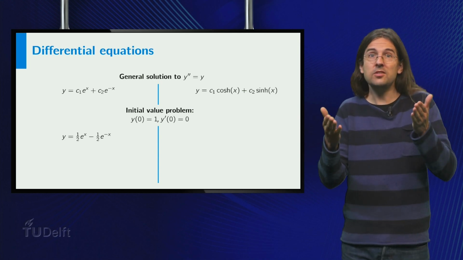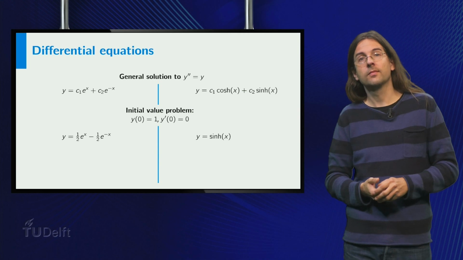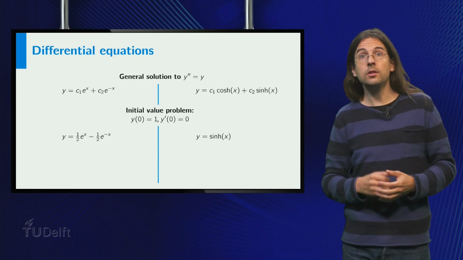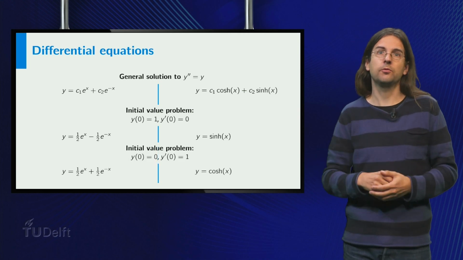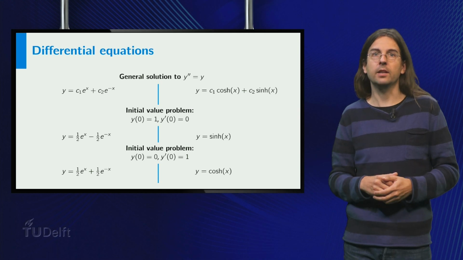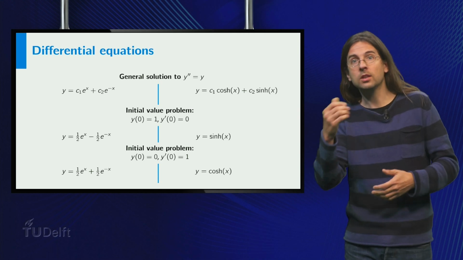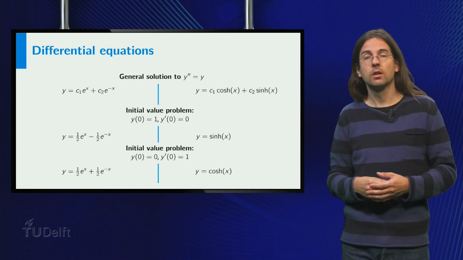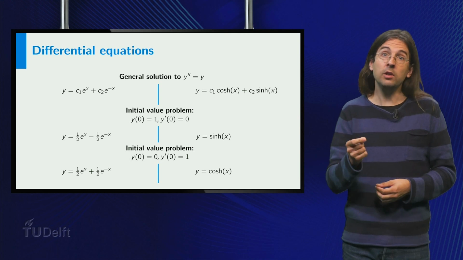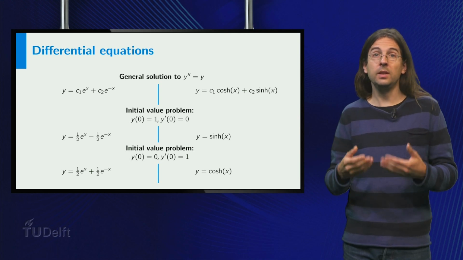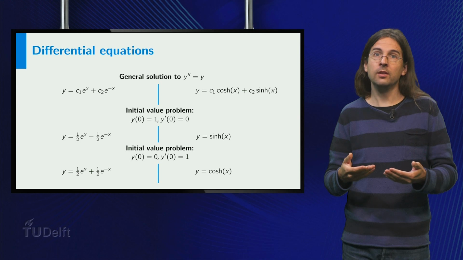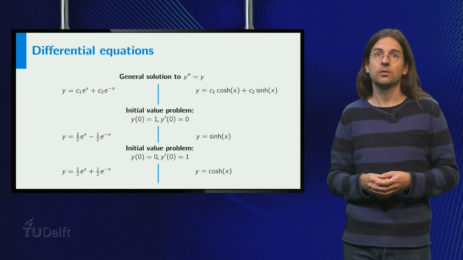Indeed, this is just the hyperbolic cosine. And the alternative initial values where y'(0) = 1 and y(0) vanishes give the hyperbolic sine as a solution. Thus, the hyperbolic functions are the ones which appear most naturally when you consider these initial value problems.